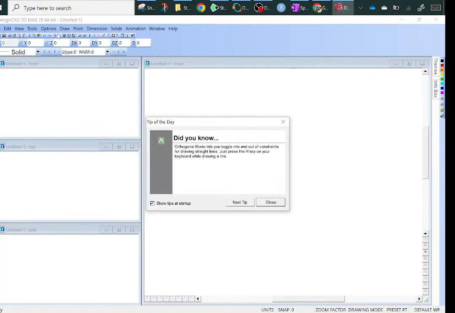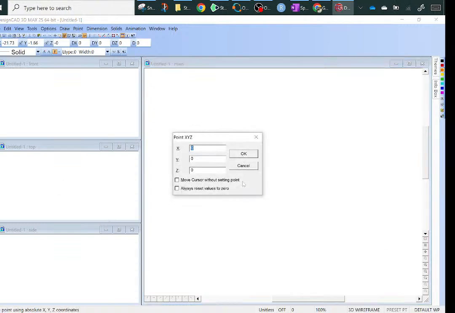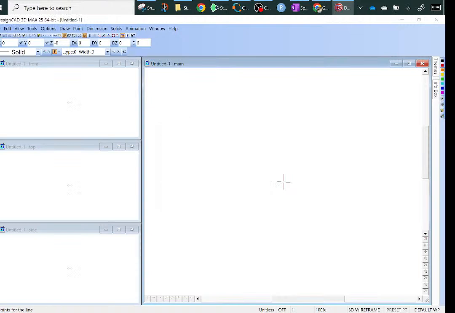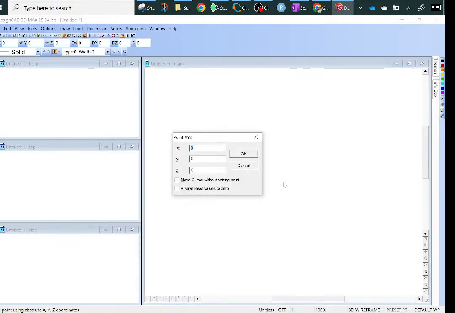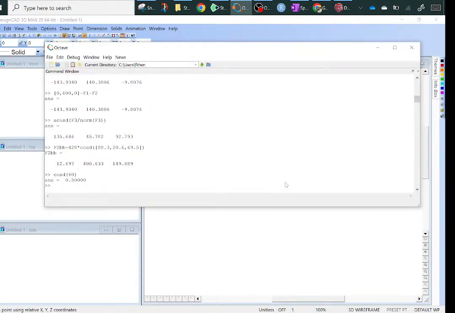I'll add a vector. So what I'm going to do is add each vector to itself. So I'll start with a line. I will start with a point. And then I think I do this. A point. No, not that. Is it this one? Point, or it's got to be one that's relative to the last point. So I'm going to do my F1 first.